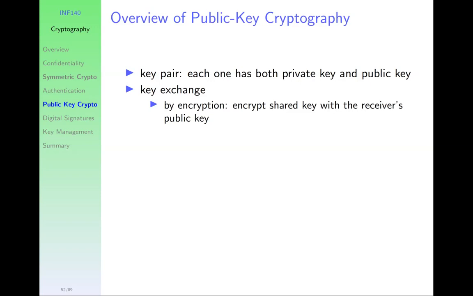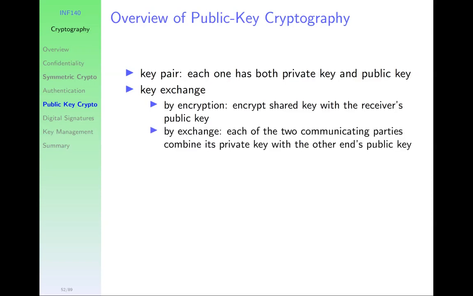For secure key exchange, Alice encrypts the secret key with Bob's public key and then sends it to Bob. When Bob receives it, Bob will decrypt the ciphertext with Bob's private key, and Bob will get the secret information Alice wants to share with him.